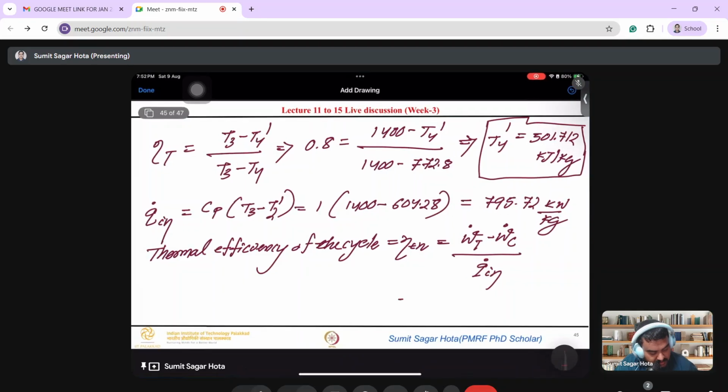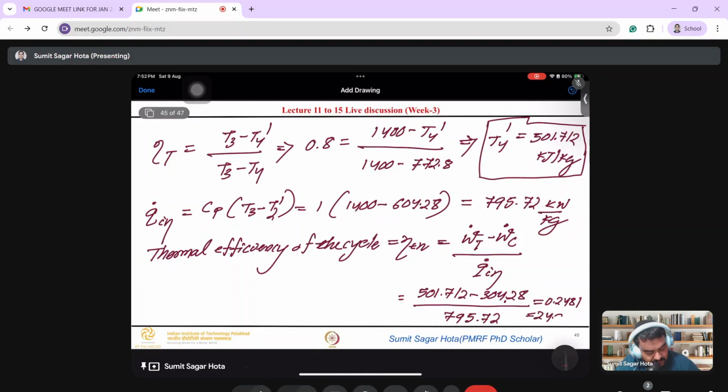So it's actually 501.712 minus 304.28 divided by 795.72. That is your 0.2481, equal to 24.81%.